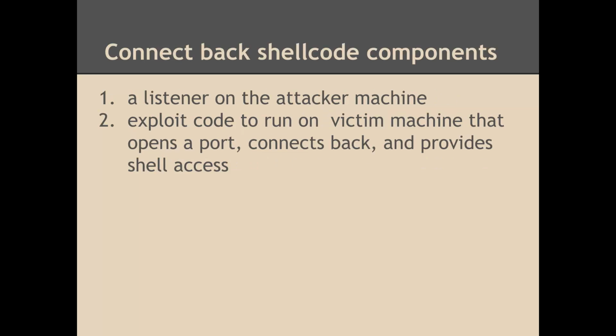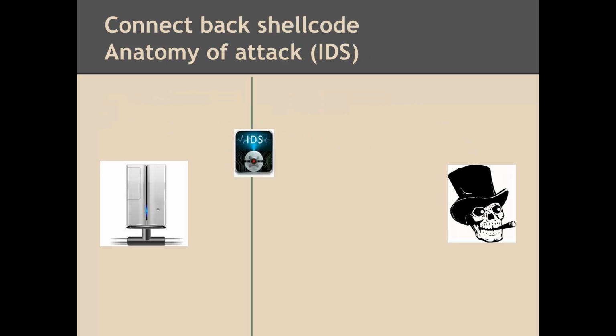So the two components of connect back shellcode are really just a listener on your machine as the attacker, and the exploit code, the payload, that when you tie the exploit to point to it and you land it, the victim machine will open a port, connect back, and provide shell access.